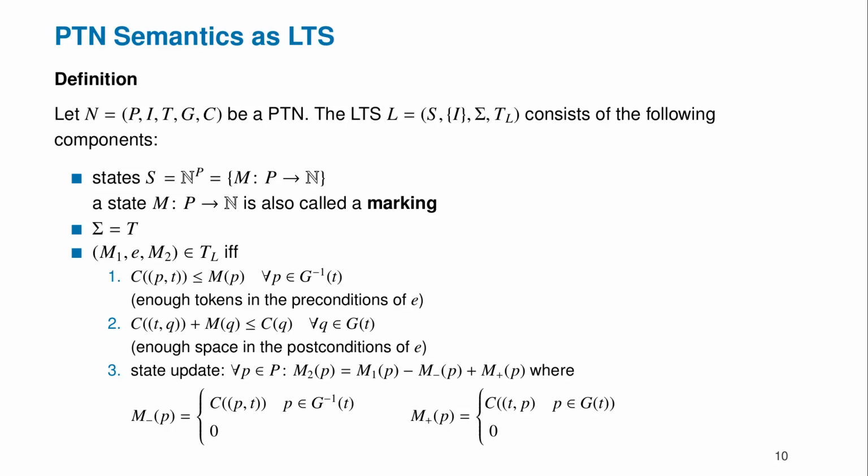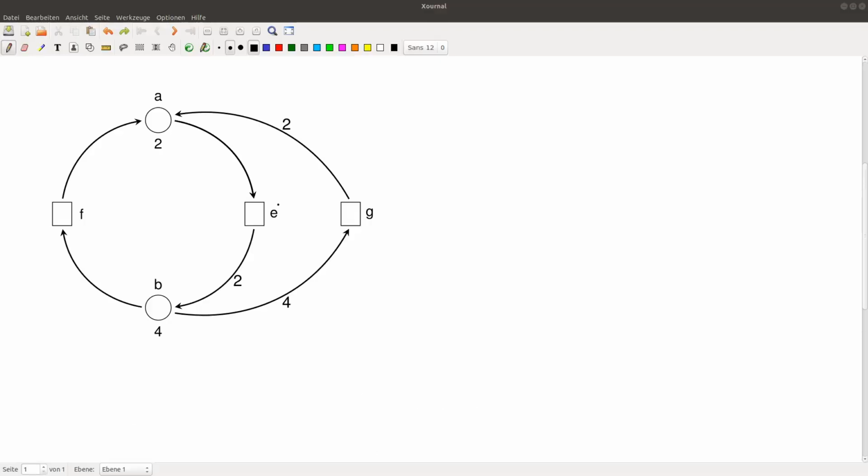Let's have a look at an example. Let's call the given Petri net N, and N has two places, A and B. A has capacity 2, this means it can take at most 2 tokens, and B has capacity 4, which means that it can take at most 4 tokens. Then we have transitions E, F and G, and some of the edges are labeled with weights.